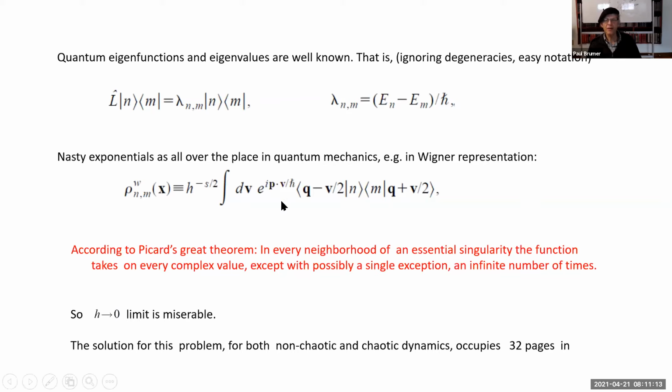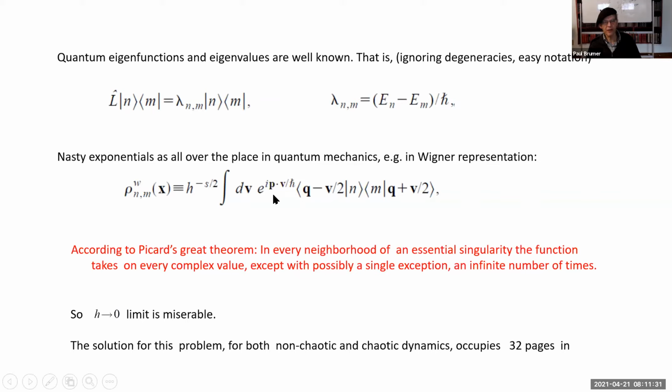Then right here, you have e to the i p dot b over h bar. And if you're going to use the tool h bar goes to 0 as a way to get to the classical limit, this function is terrible. This function is an essential singularity at h bar equals 0.